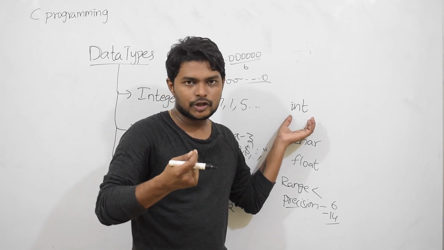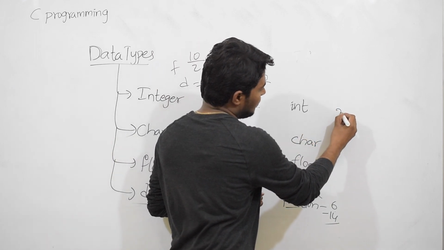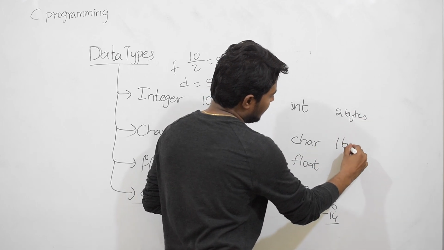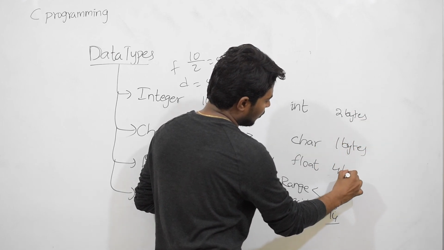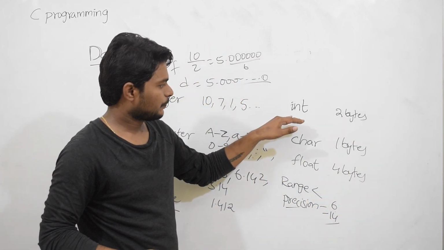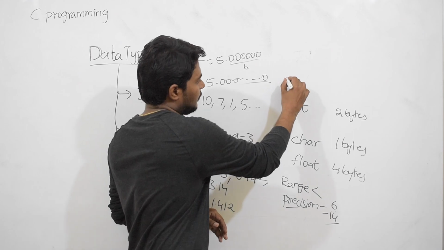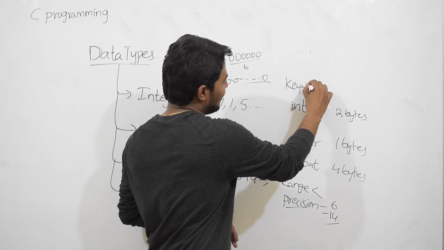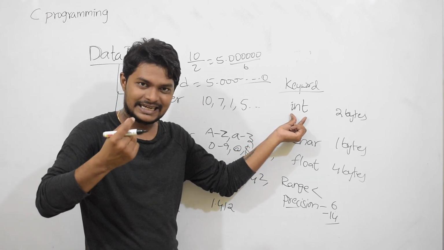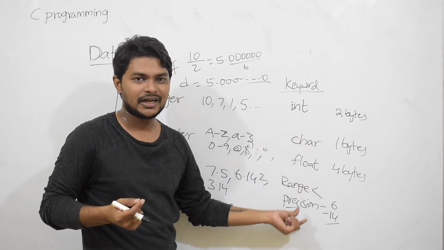Actually, according to a 32-bit operating system, the size of int will be 2 bytes. The size of char will be 1 byte, and the size of float will be 4 bytes. Double also, size will be 4 bytes only. So these are the keywords, right? Now you are able to recollect the 32 keywords. Int, char, float, double.